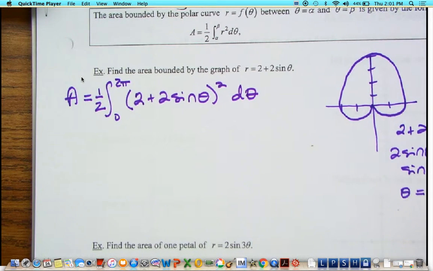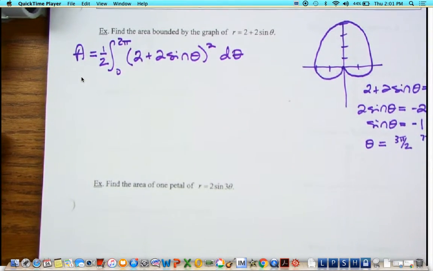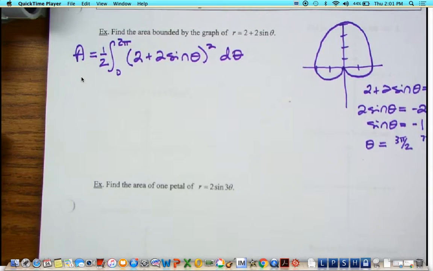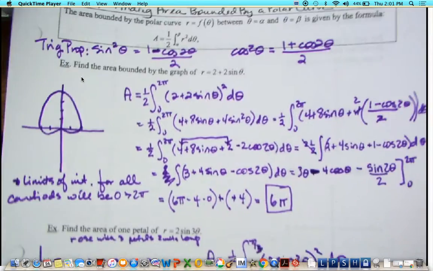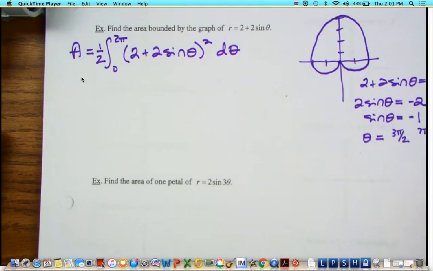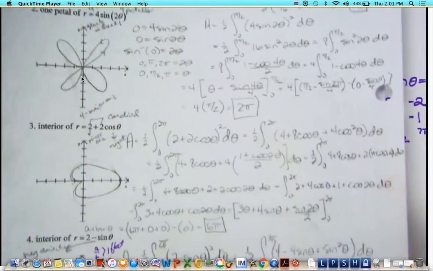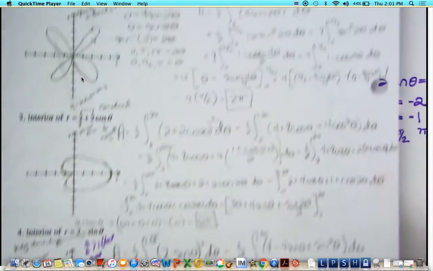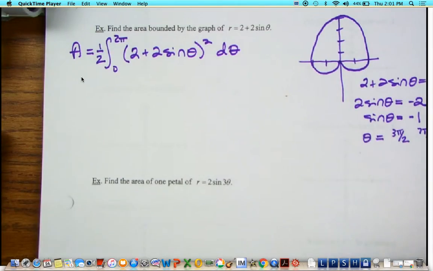A few years back when we had to do all that by hand, that's not fun. You have to square the binomial, apply a trig property, and this is what it looks like. This is what the homework used to look like for this section. Isn't it beautiful? It's like a piece of work.